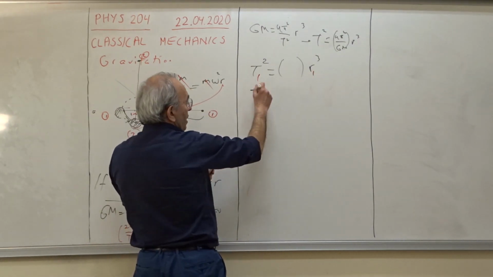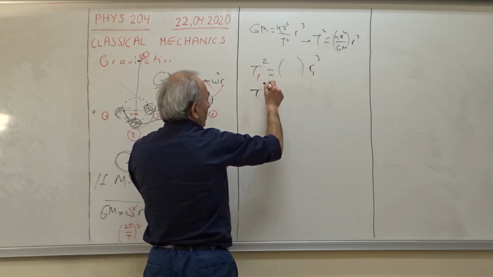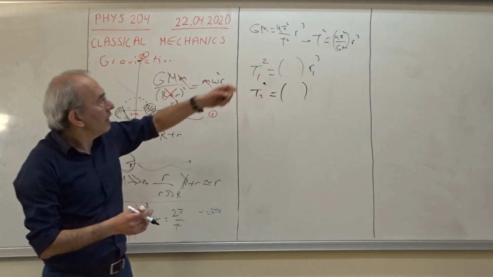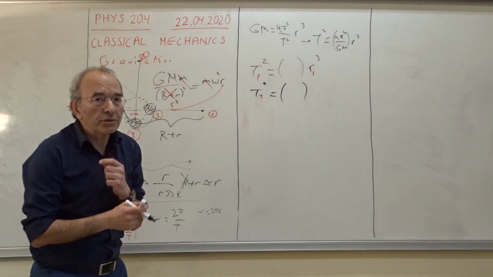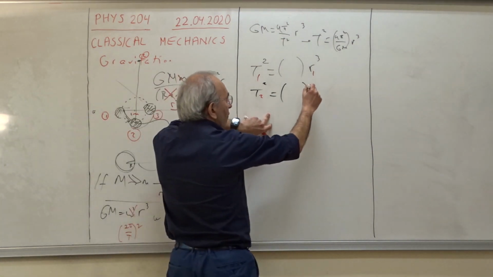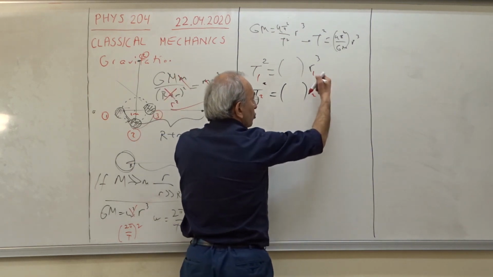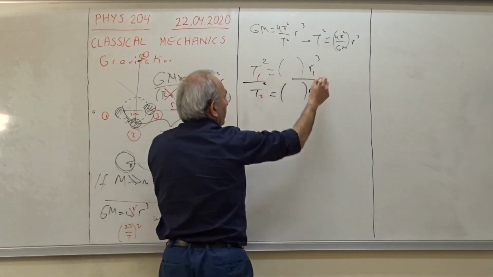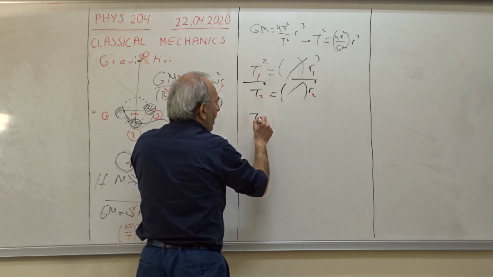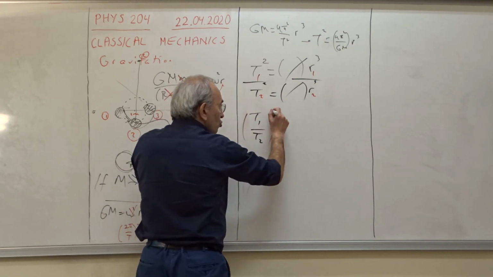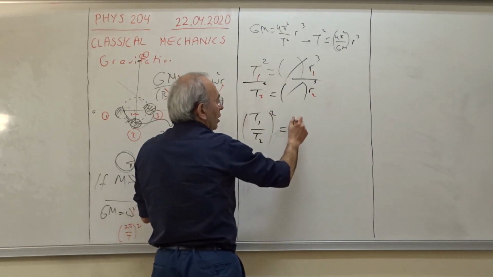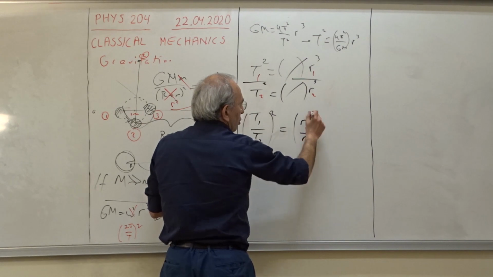For any other planet, we have T2 squared over the same terms, 4 pi squared over GM, but it is not important in this analysis. On the right hand side we have r2 cubed. So if you divide them side by side, these constants cancel. So T1 over T2 squared is proportional to, or in this case equal to, r1 over r2 cubed.